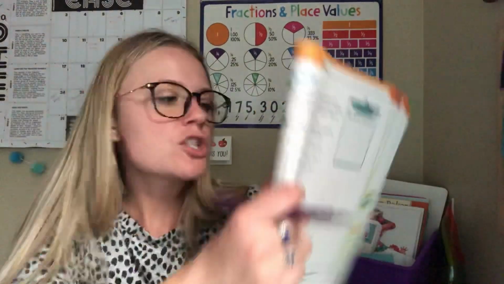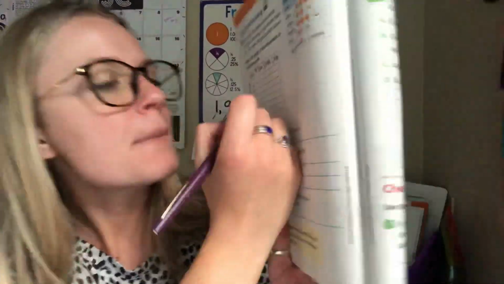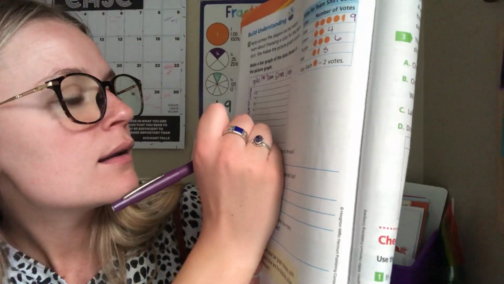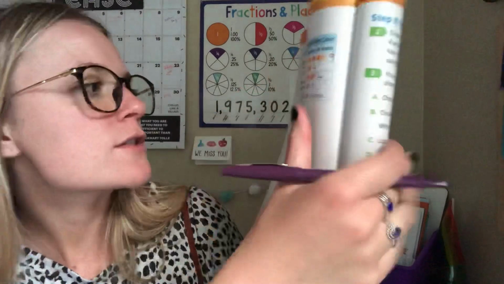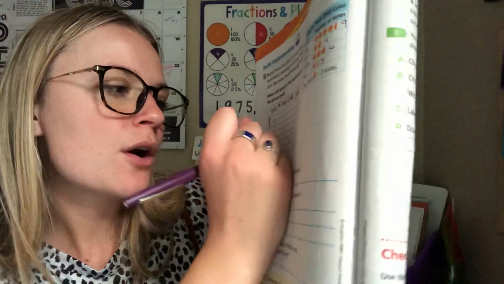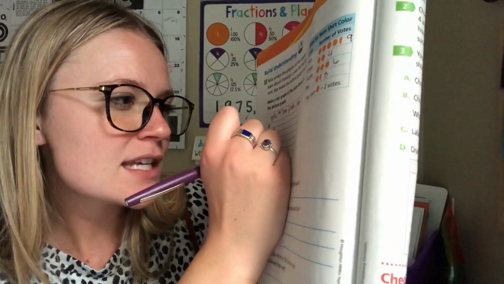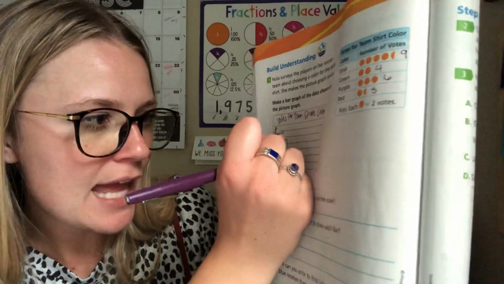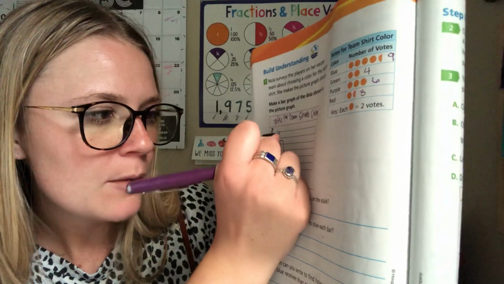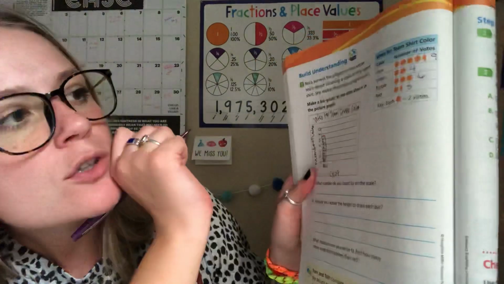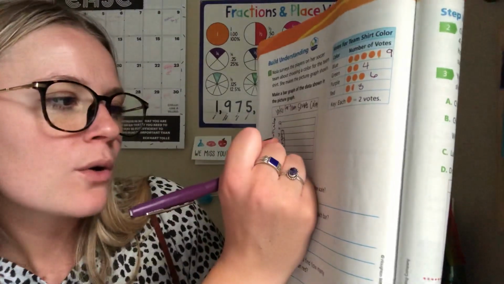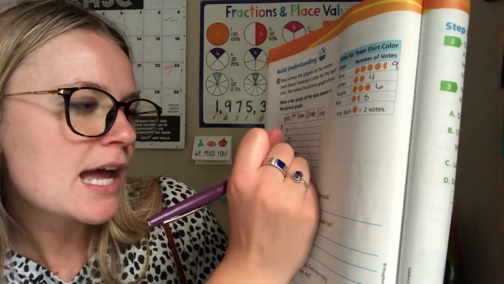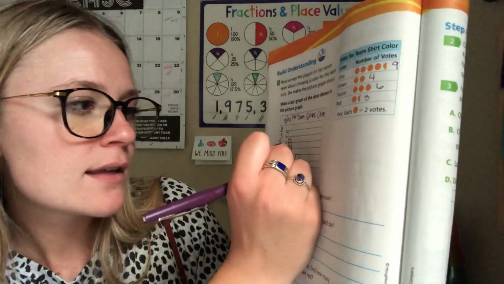So now I'll just do my model. So the first category is blue. There are 9 votes for blue. So I will go up to 8, but it's not quite to 10. It's halfway in between 8 and 10, and that will be 9. Then green is 4, so I'm gonna write green, and then I'm gonna go all the way up to the 4 line, exactly on that line.